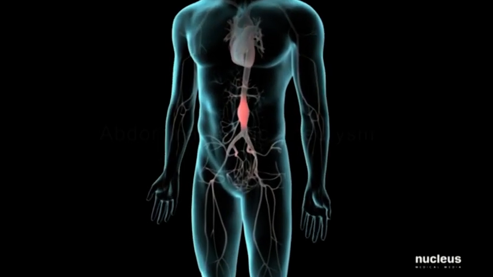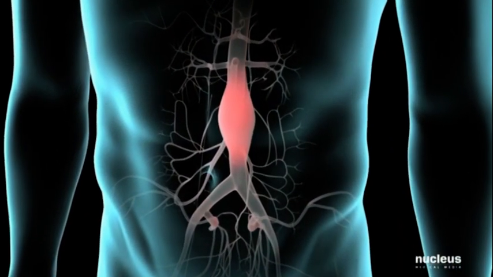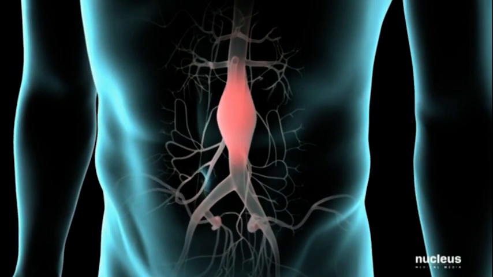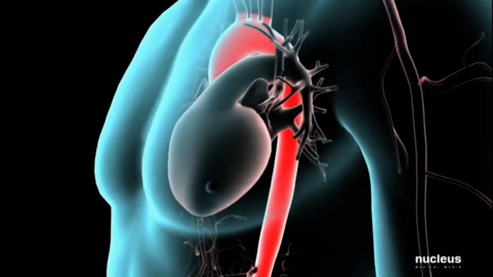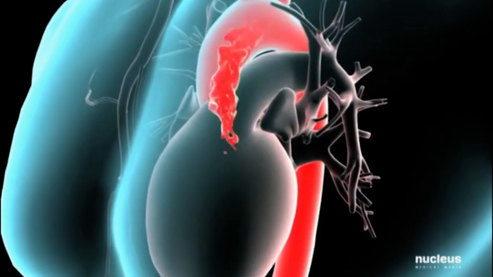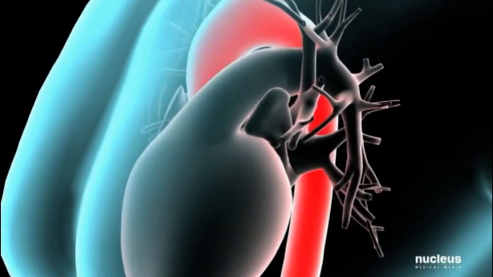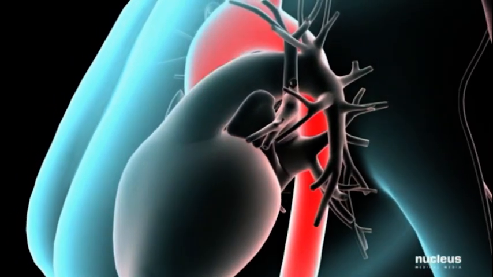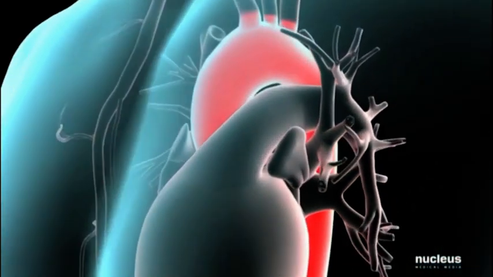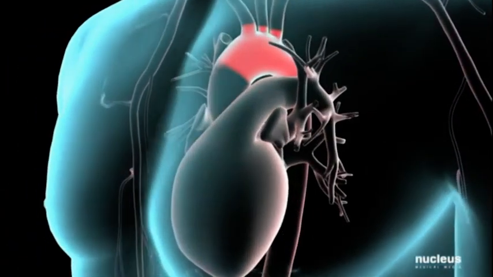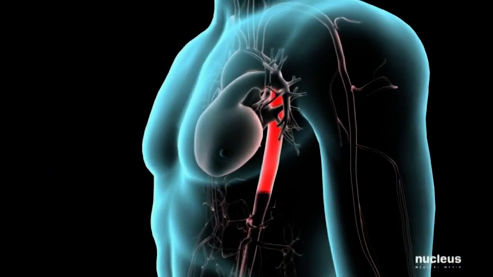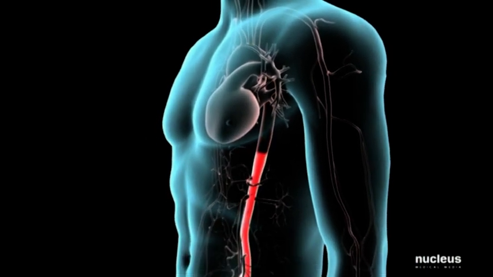Perform an abdominal aortic aneurysm repair to prevent the rupture of a bulging area of your aorta. The largest artery in the body is the aorta, which is attached to the heart and receives blood directly from the left ventricle, or main pumping chamber. The aorta is divided into four parts: the ascending aorta, aortic arch, thoracic aorta, and the abdominal aorta.